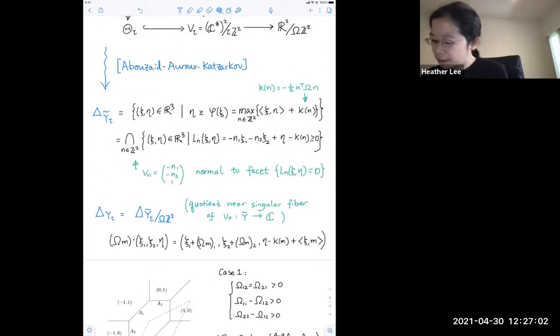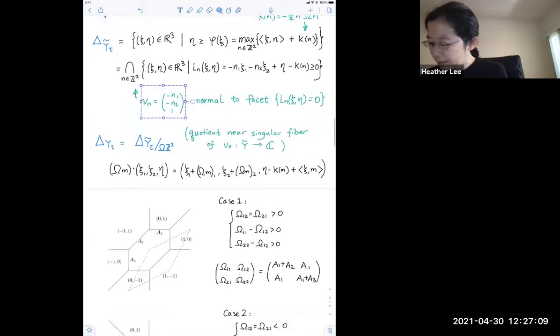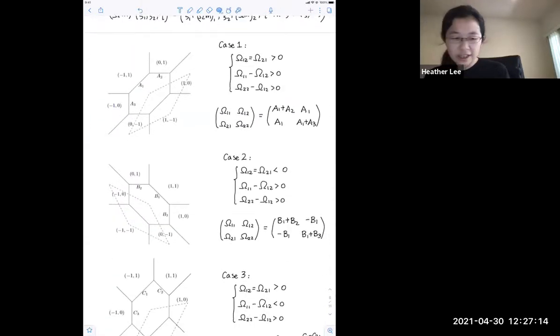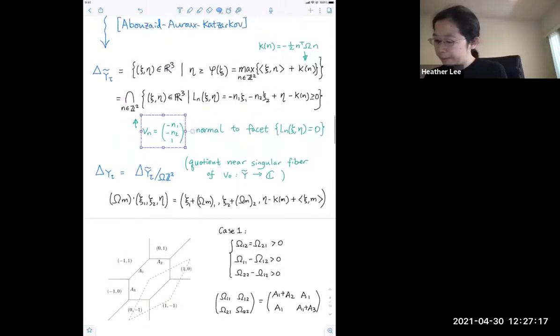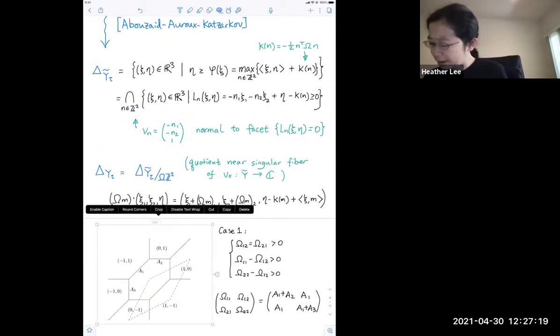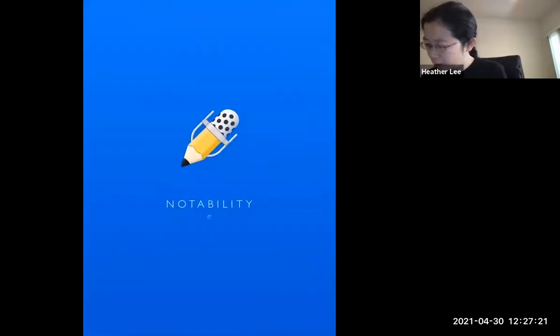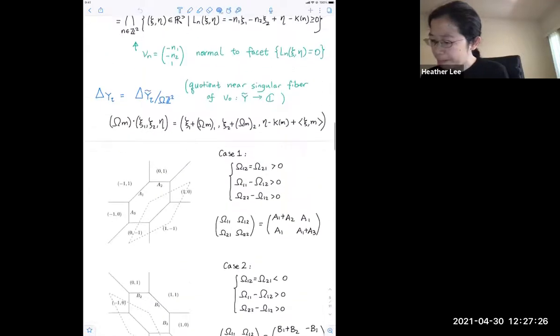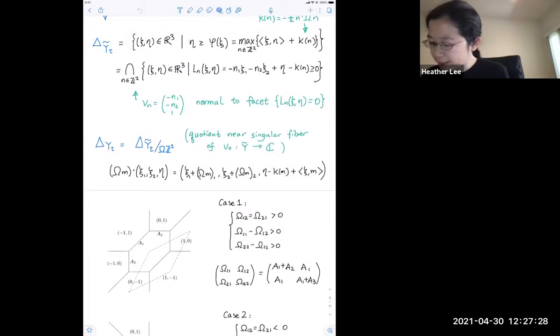We can also calculate and see that each facet is a hexagon. By changing omega, we just change how the hexagon looks. This hexagon I'm drawing is a facet that corresponds to the (0,0) facet.